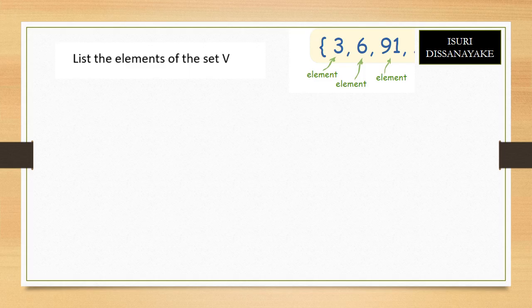Look at this example. It says list the elements of the set V. So, the set V means the vowels in the English alphabet.